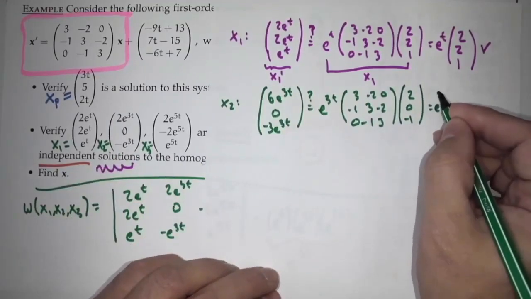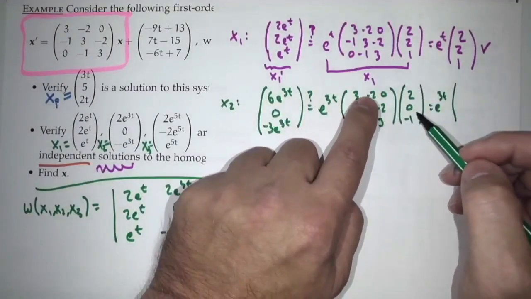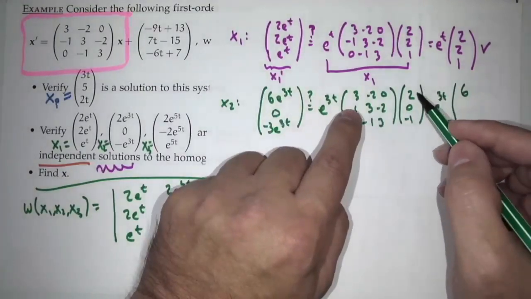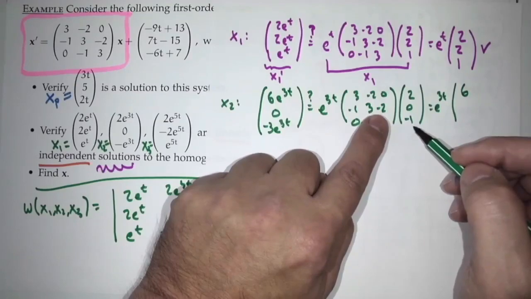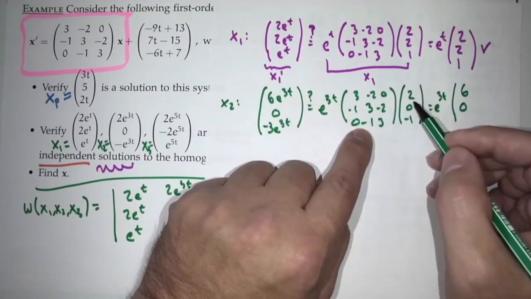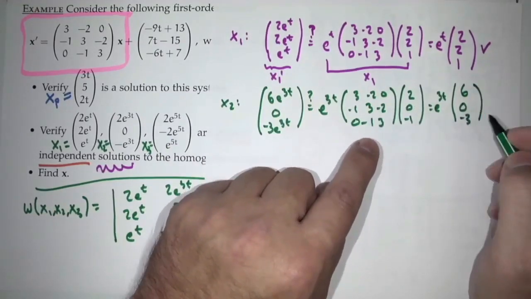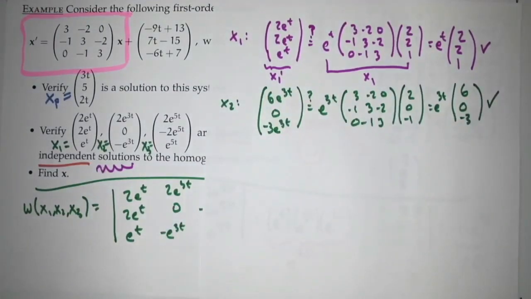So that's e to the 3t. All right, 6 plus 0 plus 0. Oh, I can do that one in my head. So that's 6. Minus 2 plus 0 minus 2. So that's plus 2. 0. Yeah, minus 2 plus 2 cancel. 0, 0. I'm liking this one. Minus 3. Do they match? Yes, they match. Good. Solution. Okay, 2 down, 1 to go.